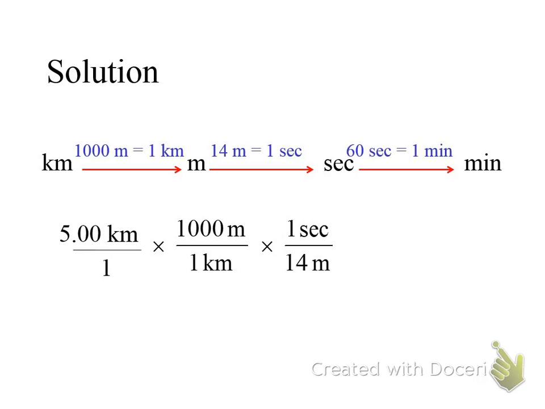So here's one last thing to clean it up to get time into minutes. We want seconds to cancel and be left with minutes, so put 1 minute over 60 seconds. And then you should be able to check: kilometers cancel, meters cancel, seconds cancel, and you're left with units of minutes, which is what we're supposed to have.